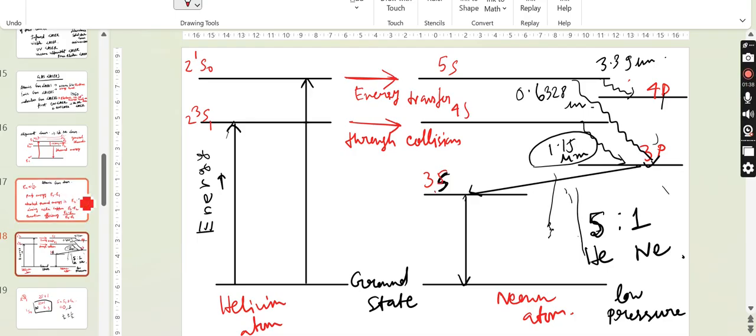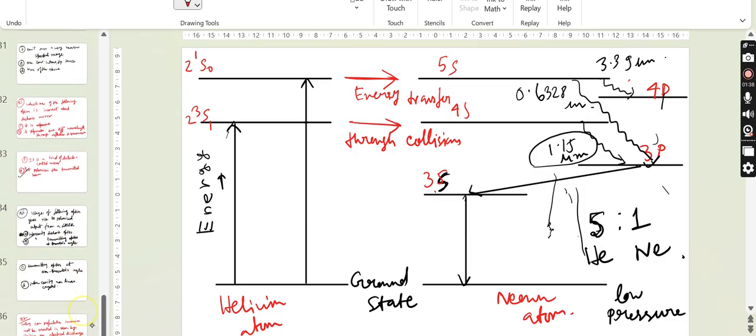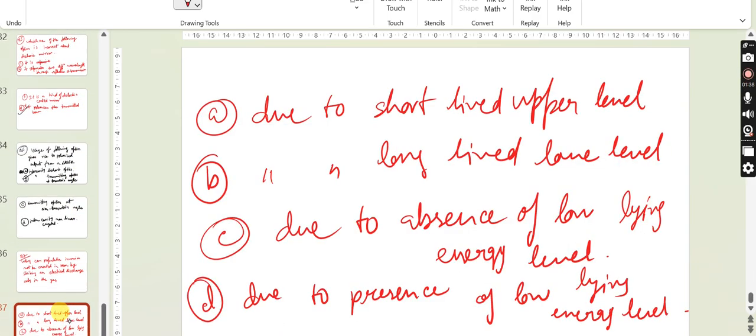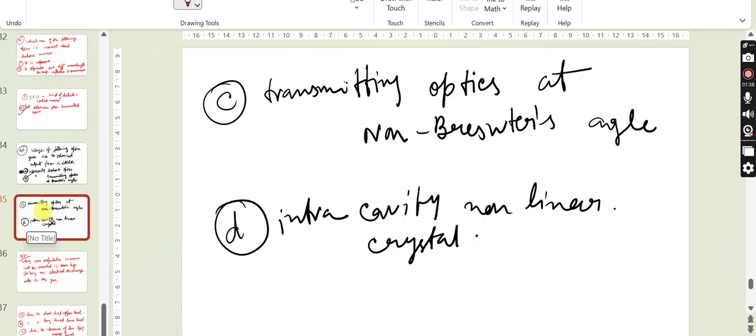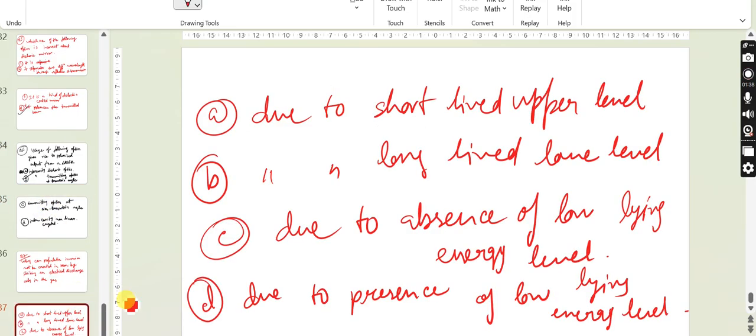You can see that the energy levels of 1s 2s are very low lying, and due to this reason electrons decay very quickly from those states. They cannot sustain a population inversion, and then they can transfer the energy to helium atoms. So this is the reason.